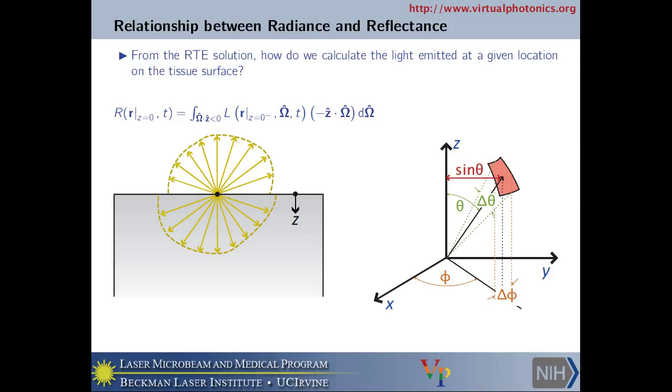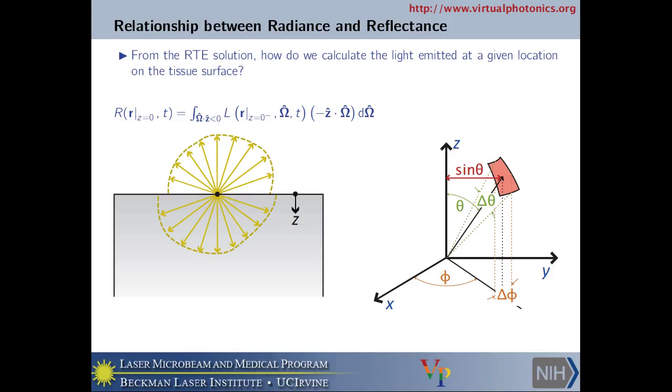Okay, so this means that you're only integrating over a hemisphere. And you're looking at the radiance that is propagating at z equals 0 just on the other side of the boundary, not the tissue side, but in the air side, so to speak. That's why I have a z equals 0 minus. And we'll talk about how we can get that. It's also a function of angle, and in theory time.